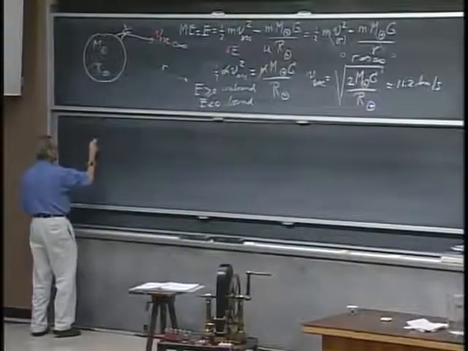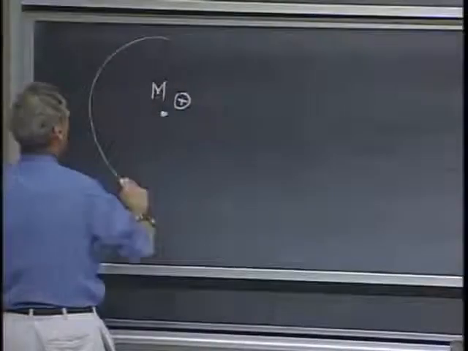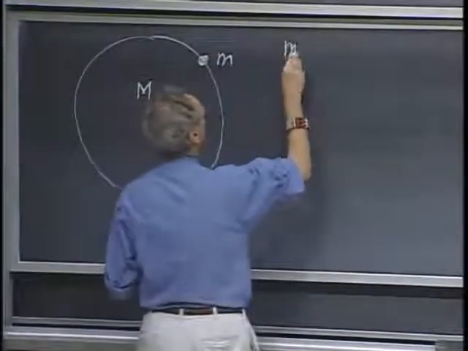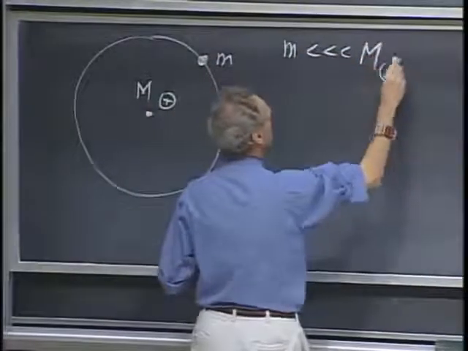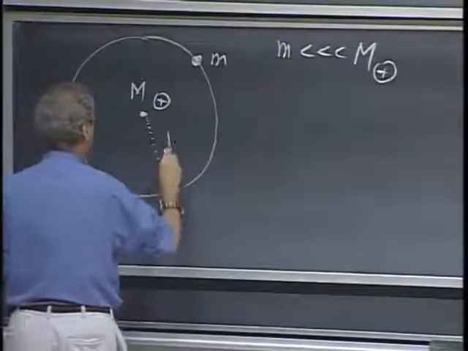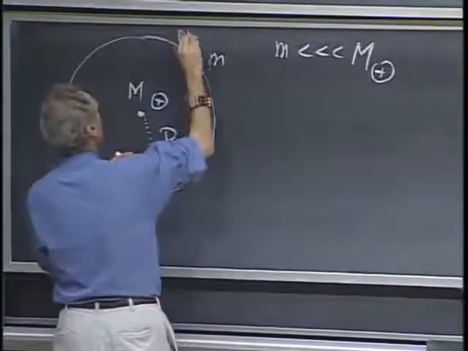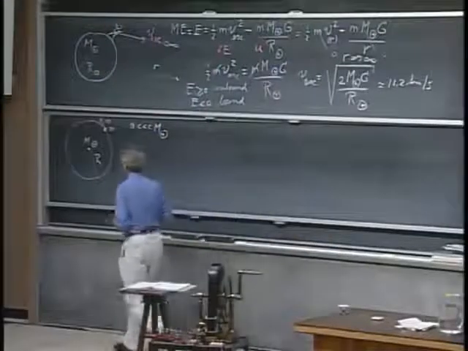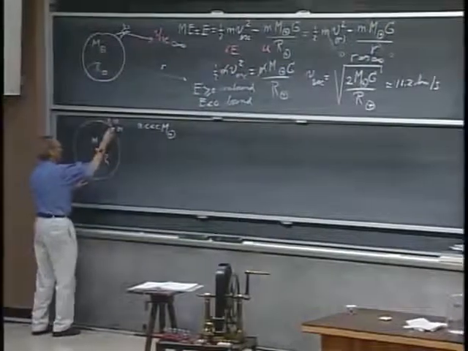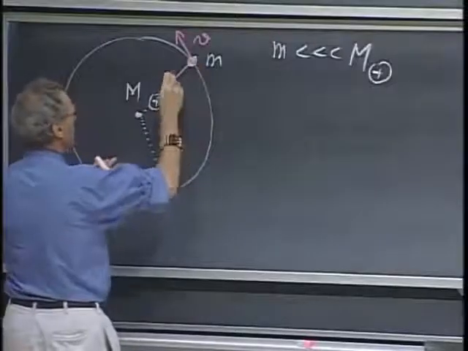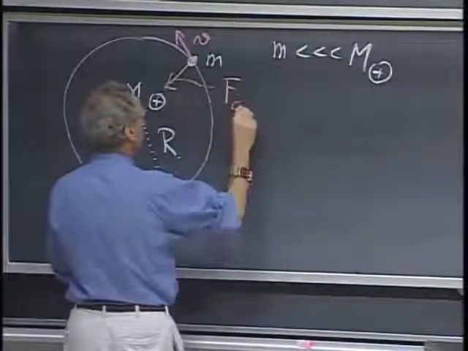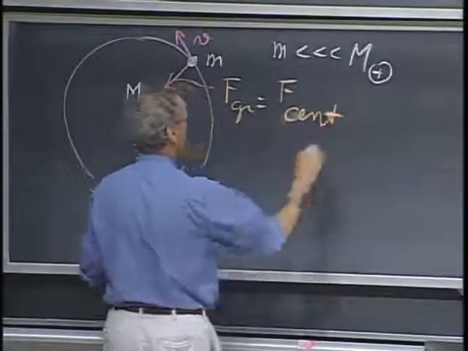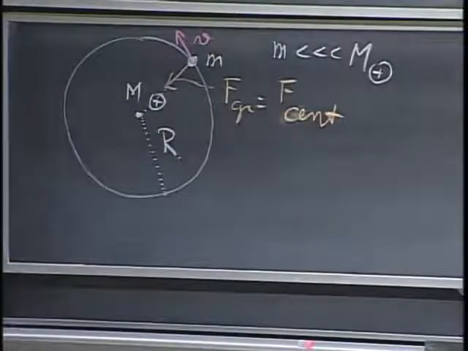Now this is the mass of the Earth, and in a circular orbit is an object with mass m, a satellite, and m is way, way, way smaller than the mass of the Earth, and the radius of the orbit is r, and this object has a certain velocity v, tangential speed.